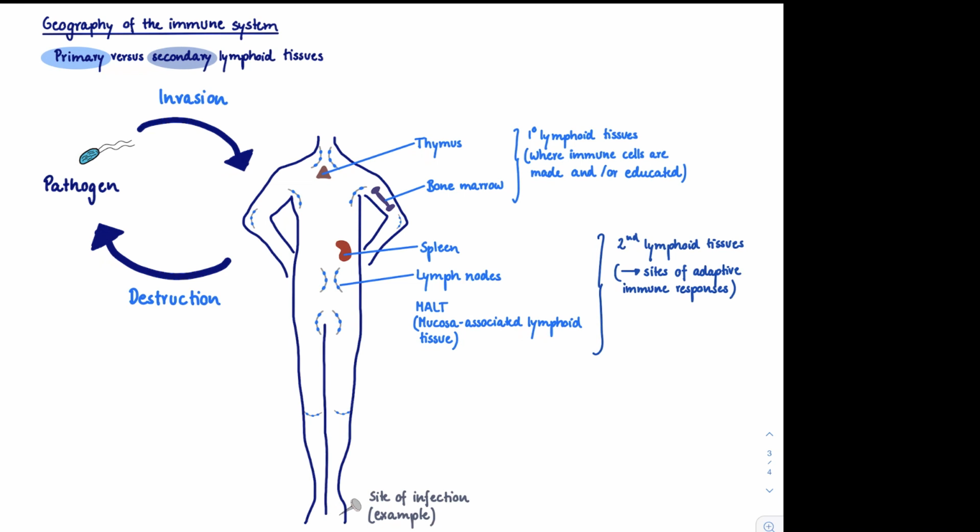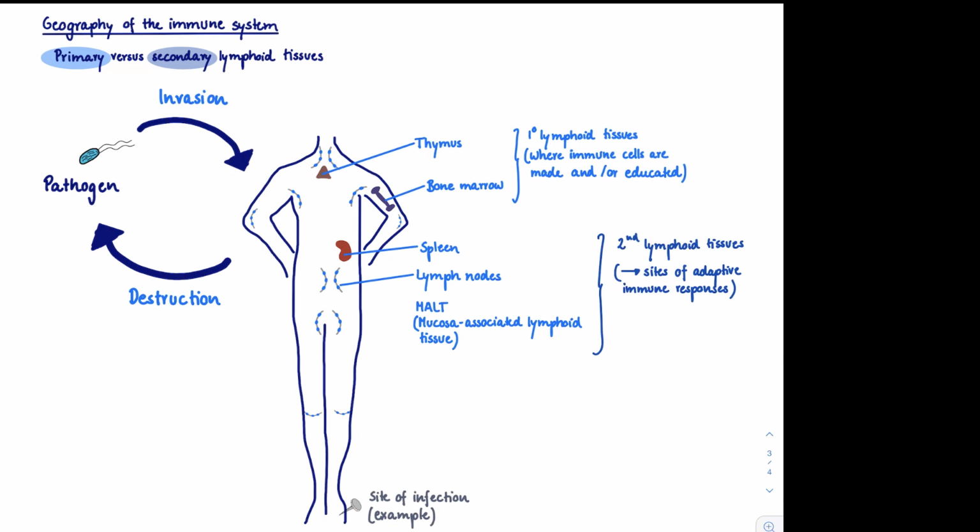If they get activated, they will produce their weapons, and then the weapons are going to be brought back to the site of infection. We can now summarize and say these tissues we can call secondary lymphoid tissues, because these are the sites of adaptive immune responses. These are the sites where the adaptive cells get activated.